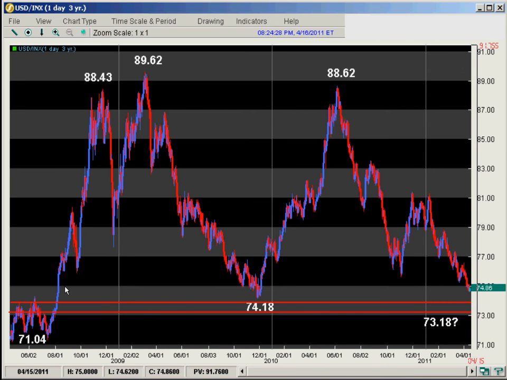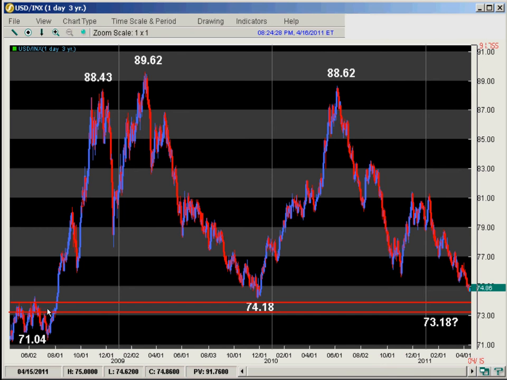So anyway, I'm looking, and this is only 19 points difference anyway, but if you go from the bottom 71.04 to 89.62, then you got 89.62 to 74.18 to the bottom of the first leg of the correction, or the A wave, and then the top of the B wave is just under the top of wave 5, so 100 points lower, and at equality it'd be 100 points lower than the bottom of the A wave, so 73.18.